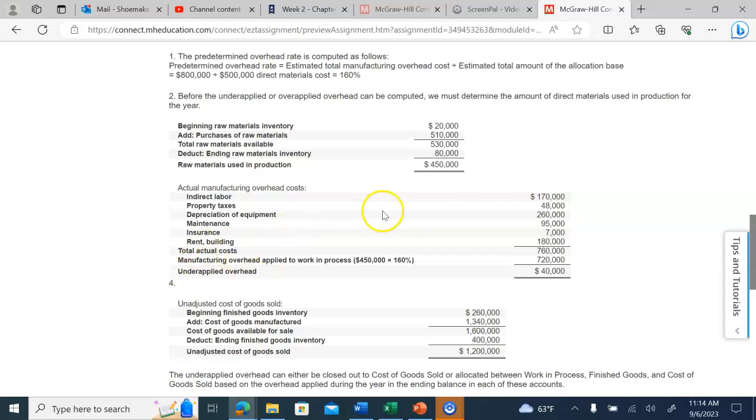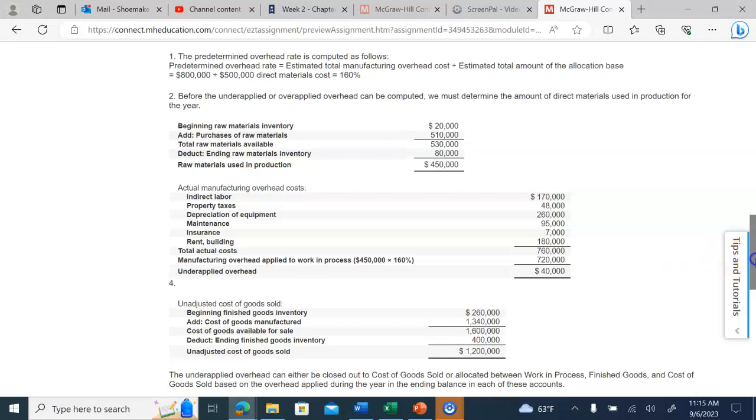160% times our 450,000. So we put 720,000 into manufacturing overhead applied, but we underapplied it by 40,000.